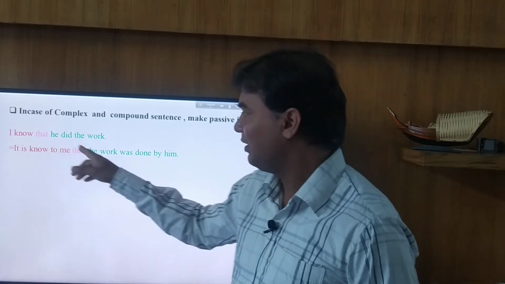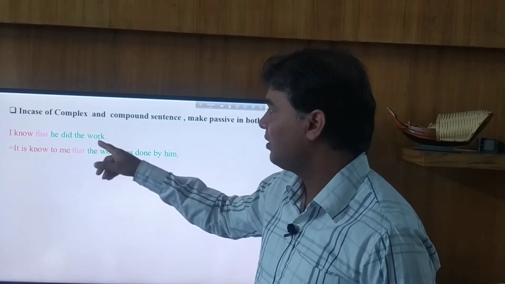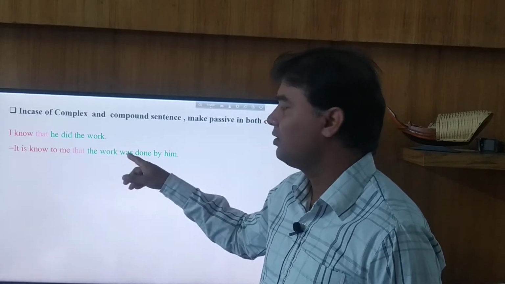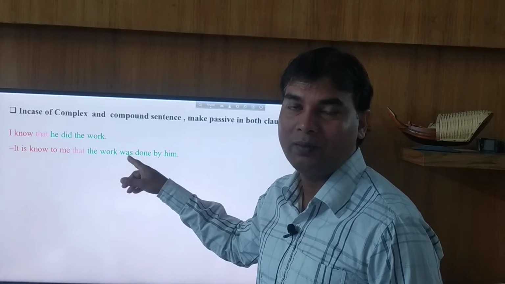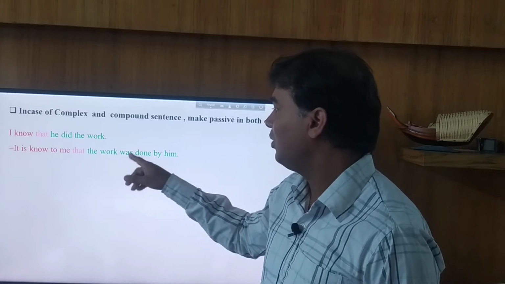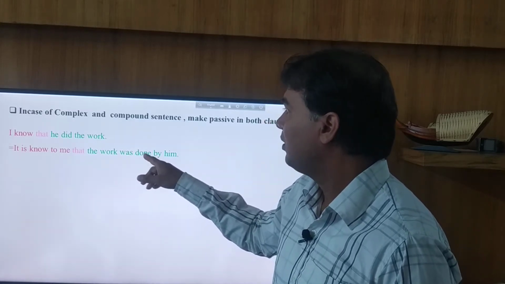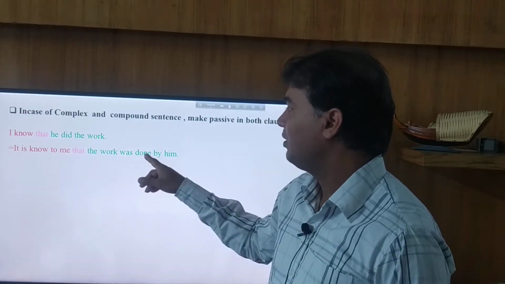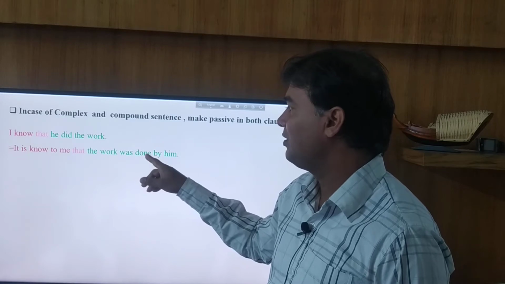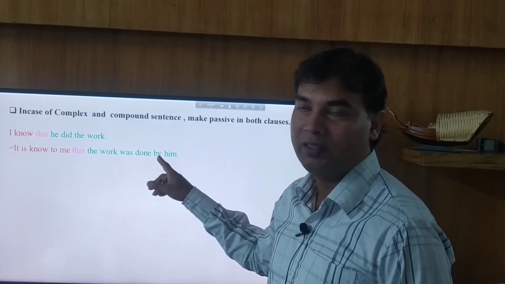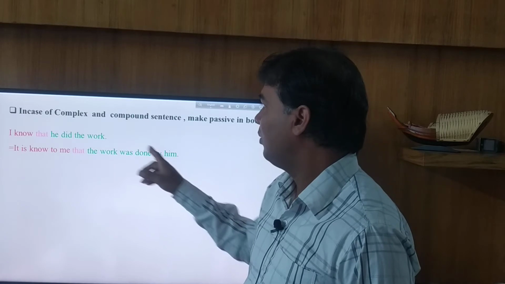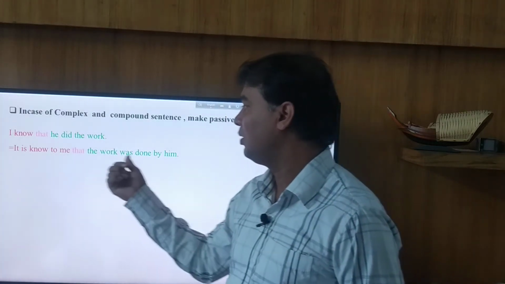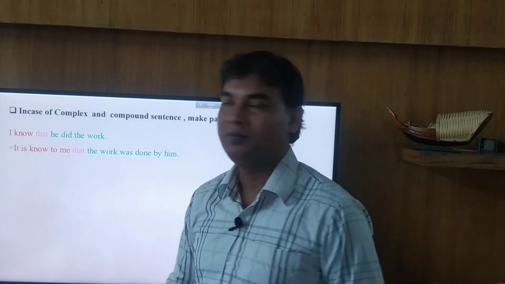Then that he did the work: here the object is the work, and then according to tense you need to use the auxiliary verb was. The work was, then the past participle of the main verb did, which is done, then the preposition by, and the objective case of he is him. So the answer is: it is known to me that the work was done by him.